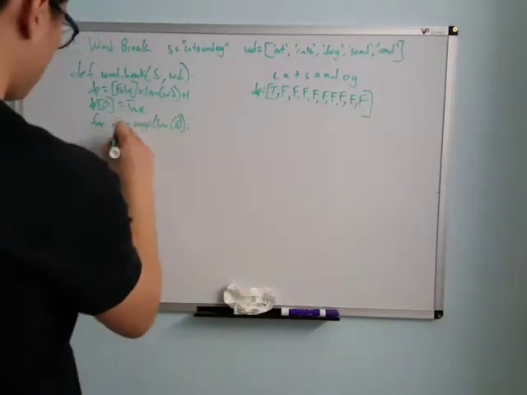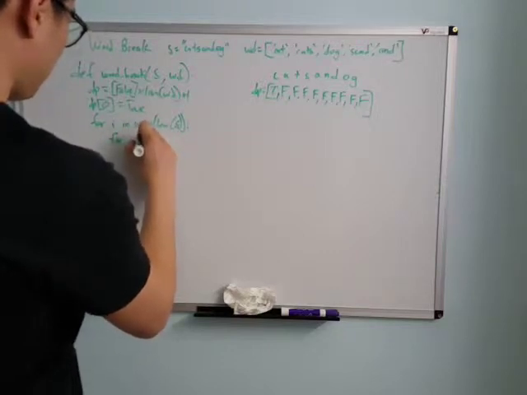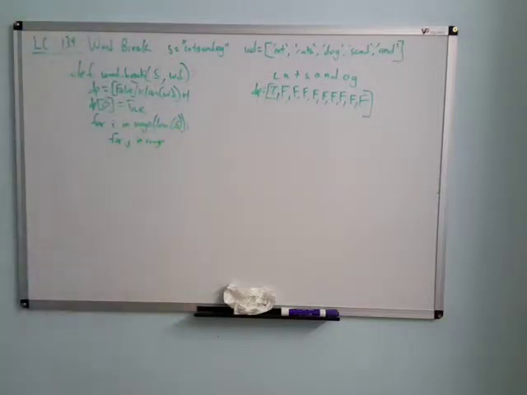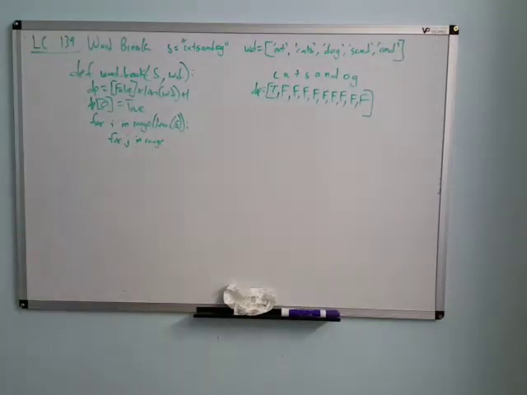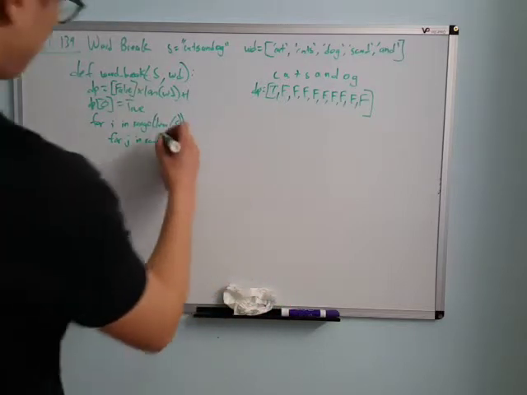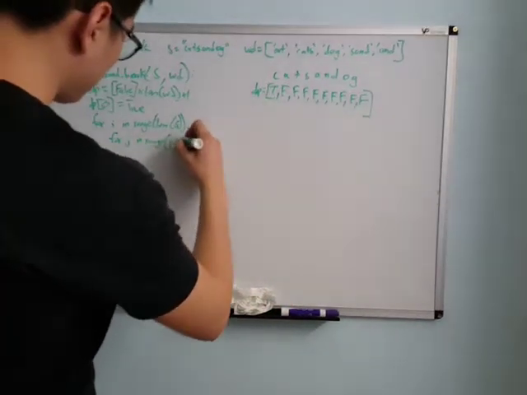So for j in range, it won't be just length of S, because we don't ever want a case where i is greater than j, right? So we do from i to the length of S.